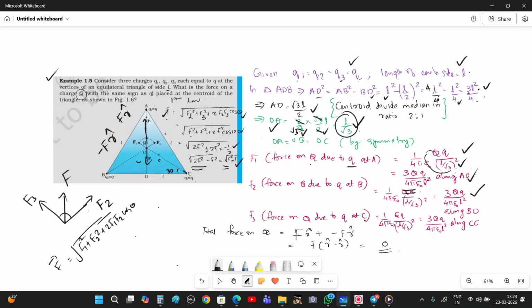So the net force on that point will be F R cap plus minus F R cap. When you take F common outside, you can write R cap minus R cap, that will become equal to 0, which means that the net force that acts on the centroid of that equilateral triangle will be equal to 0. And hence we proved it.